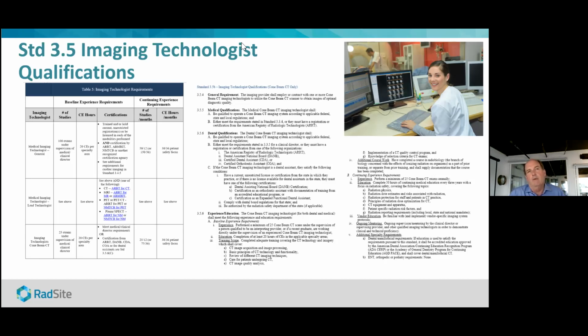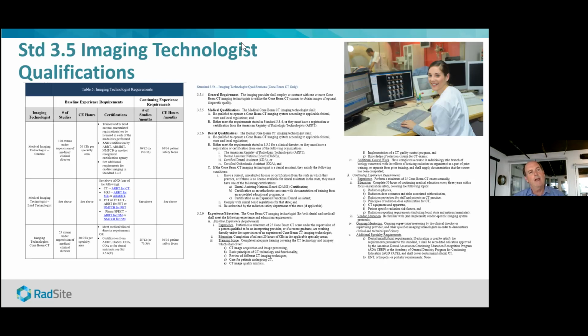So we're excited that we've been able to document this workflow, which is obviously embedded in our standards. Obviously, if for some reason they have the traditional, like let's say ARRT certification, then it's more straightforward. But we do have a way, as I think in most dental practices, to work with the staff like dental hygienists or technicians to actually be able to operate the cone beam CT imaging system.